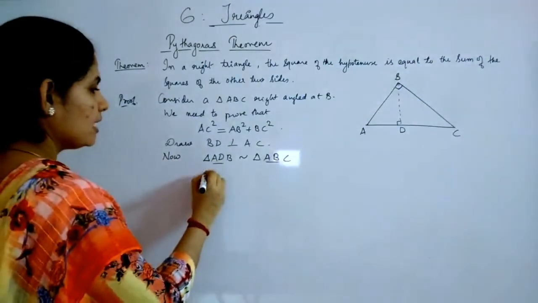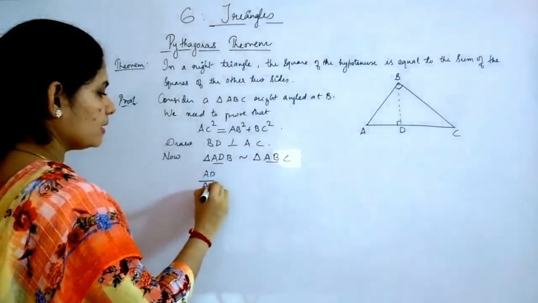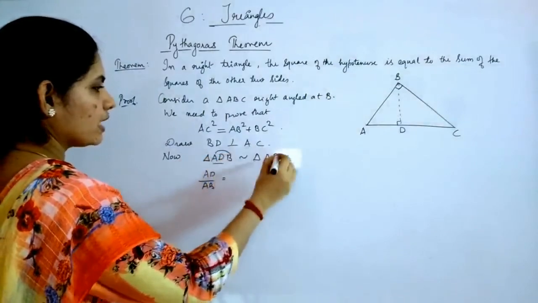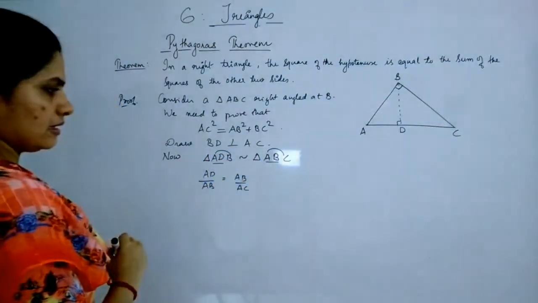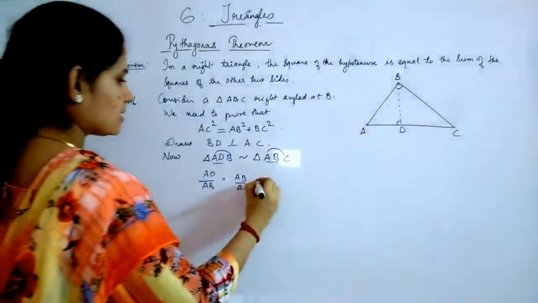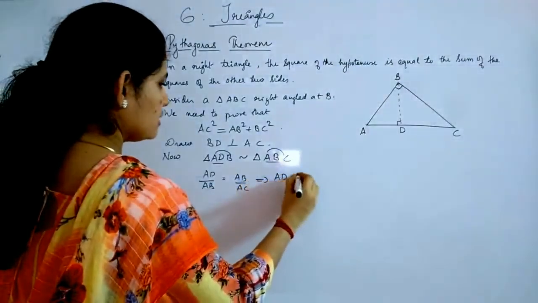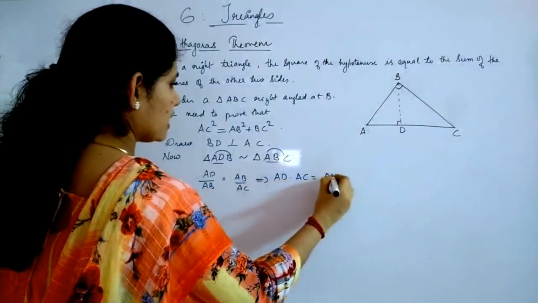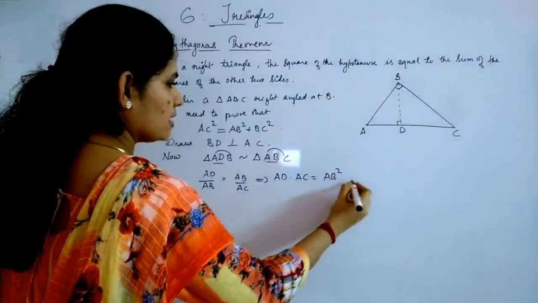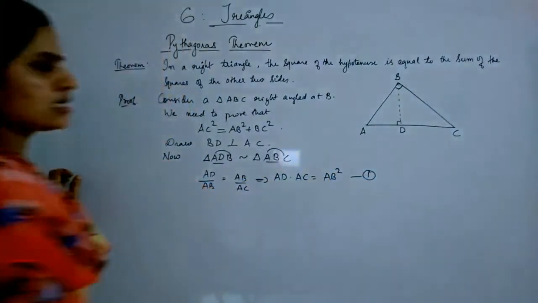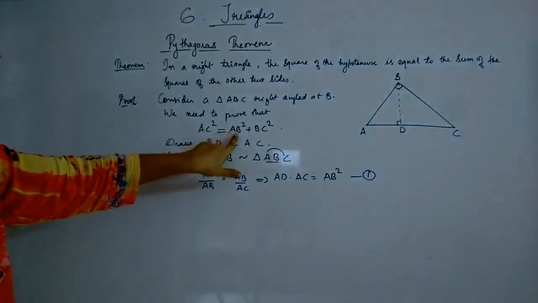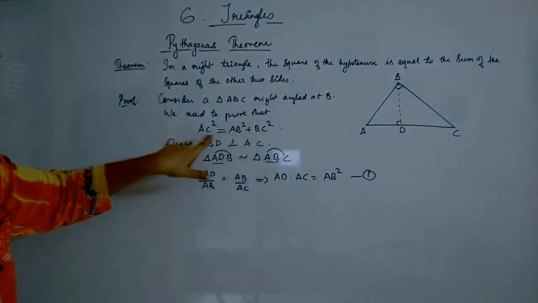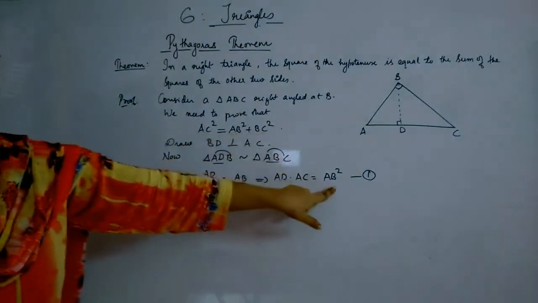So we are getting AD by AB is equal to AB by AC. Now cross multiplying, what you will get is AD into AC is equal to AB into AB, which is AB square. Now mark this as equation number 1, because our purpose is to prove that AB square plus BC square is AC square. So the first thing we have found out is AB square.